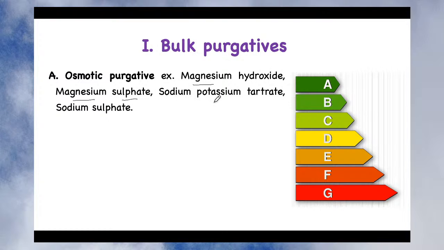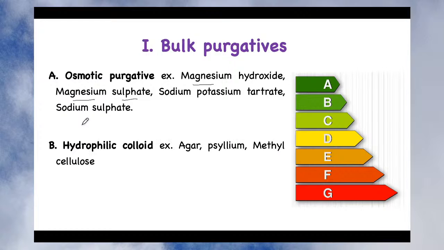Then sodium potassium tartarate. When you take magnesium hydroxide or magnesium sulfate, these drugs attract more water. And when water is attracted into the GIT, what will happen? It will lead to softening of the stool, or sometimes it will lead to the worse. So we'll see this in detail.